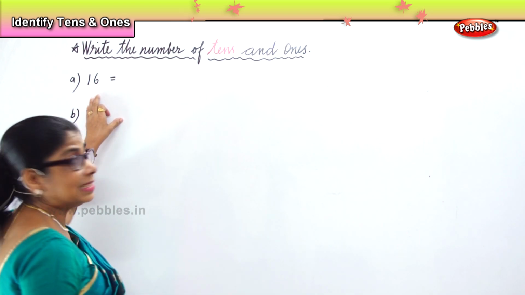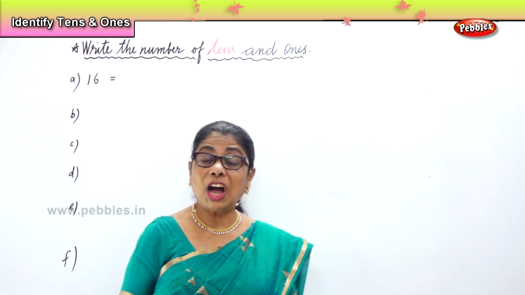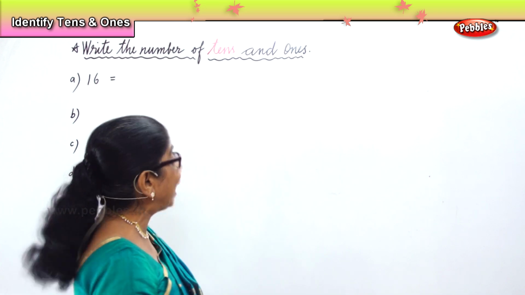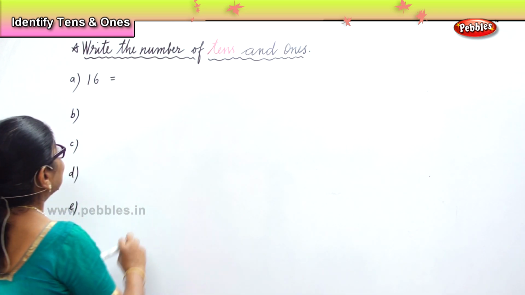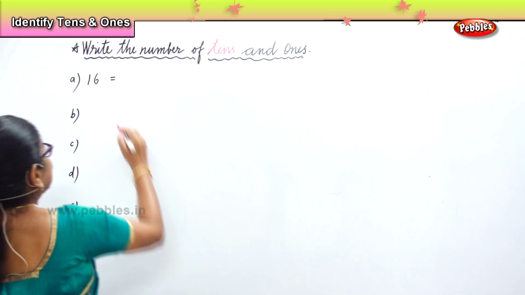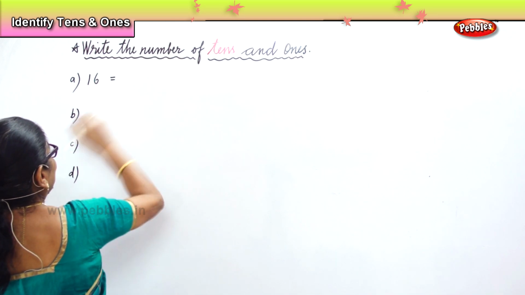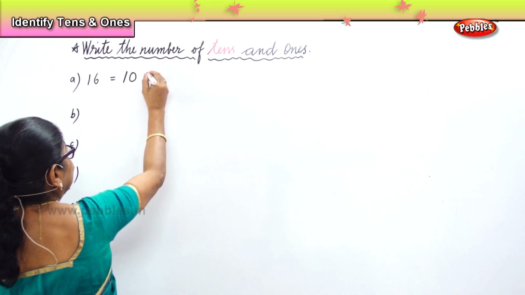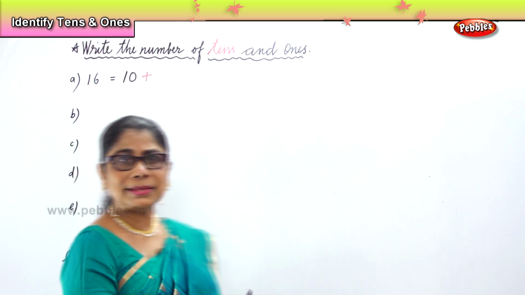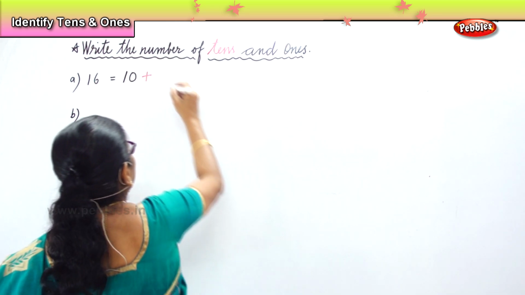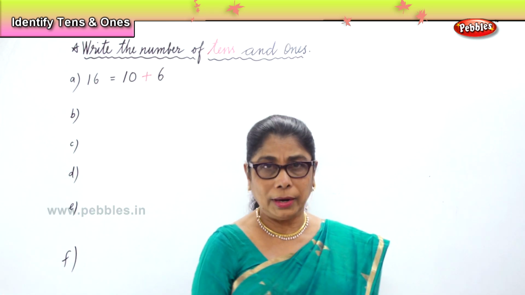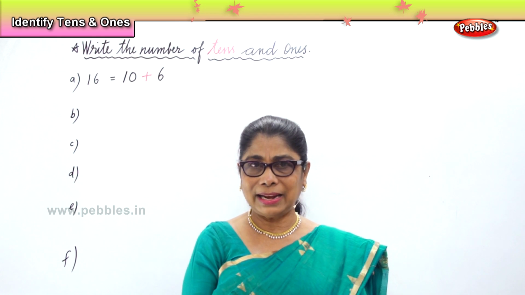You have here 16. How many tens? 1 ten. Very good. So you have 1 ten. So what will you write? You'll write 1 ten plus how many ones? 6. Very good. So this is what we are going to do. Follow for all. How many tens and how many ones.